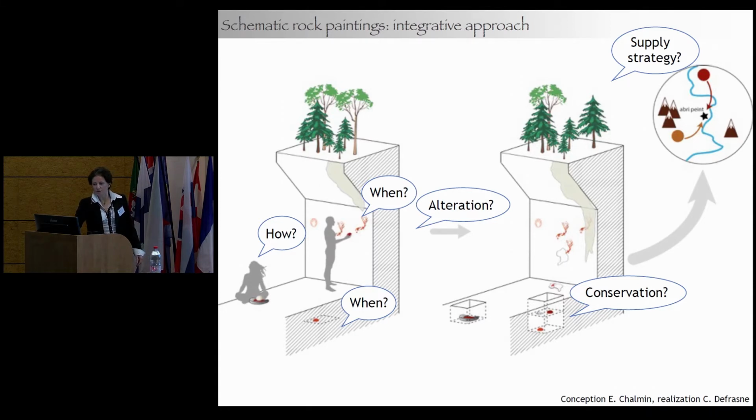This integrative approach tries to answer different questions about the context and the environment of the realization of this paint, and the question of the chronology and the attribution to a period.